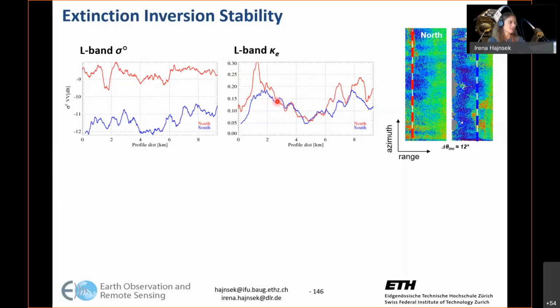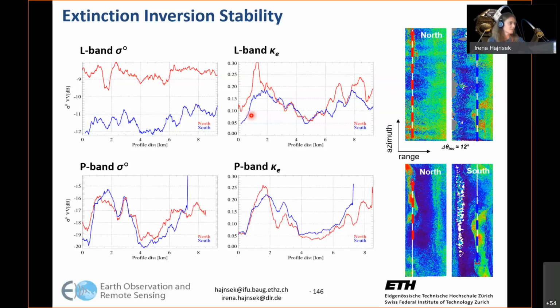They are not completely matching, but most of the time we have quite a good correspondence between the south and the north flight here. This has been done the same with different wavelengths. This is with 24 centimeter and P-band with around 80 to 90 centimeter. Again, you see here the scattering intensity, sigma zero.